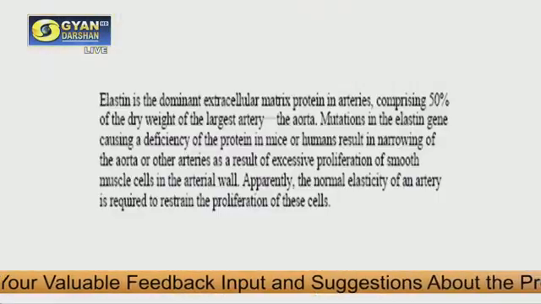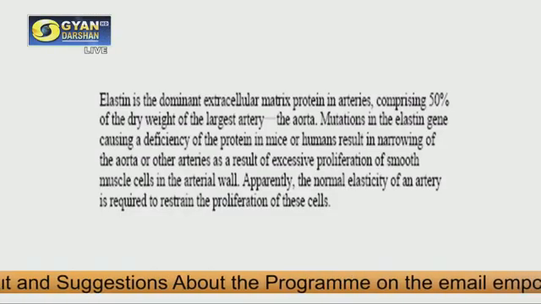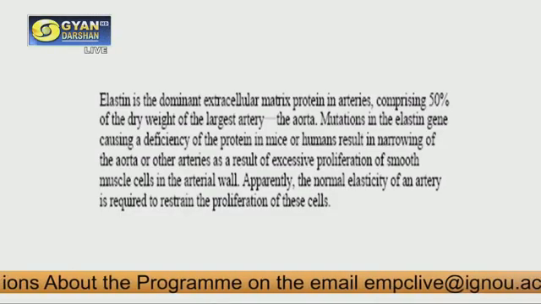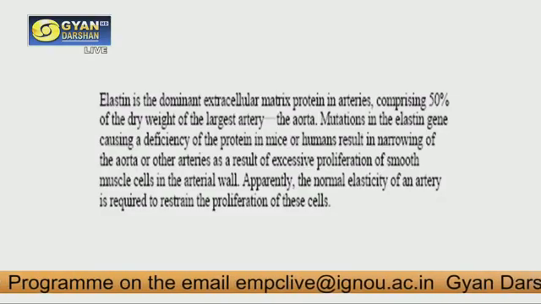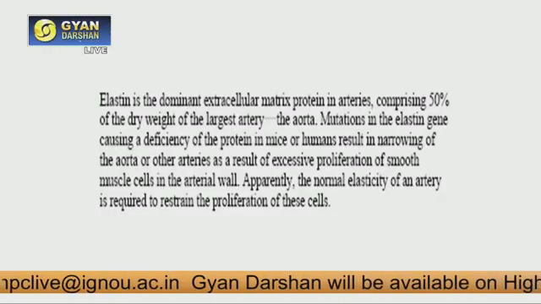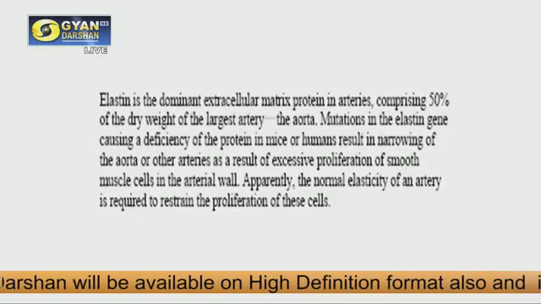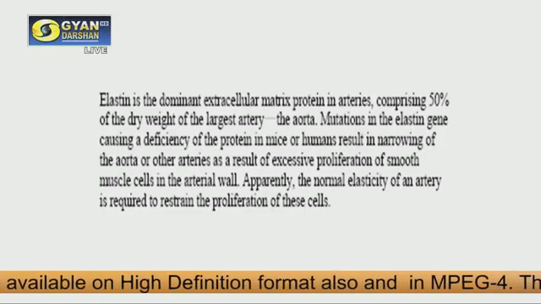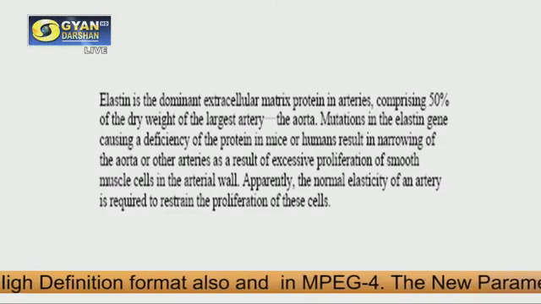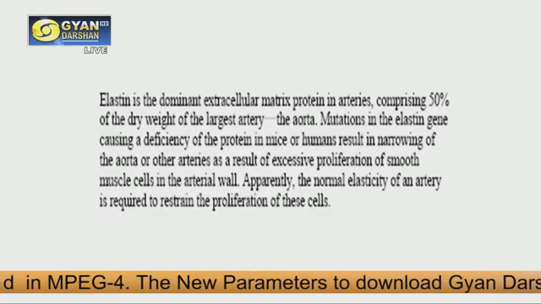If there is a mutation in this elastin gene, as experimented in mice, or even in humans, it causes a deficiency of the protein, resulting in the narrowing of the aorta or other arteries as a result of excessive proliferation of smooth muscle cells in the arterial wall.